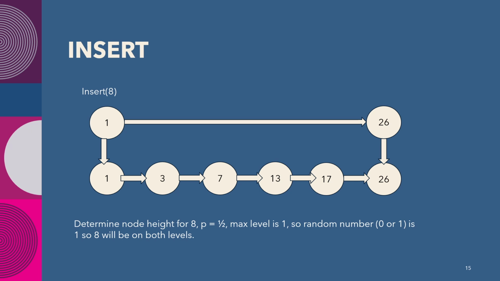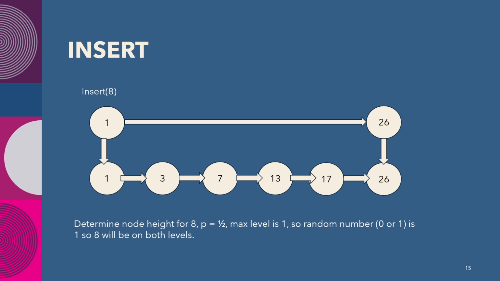And I don't know if I mentioned this earlier, but skip lists often use a max level, which is basically just a hard cap on the height of the overall data structure. So for simplicity's sake, we're going to keep the max level of our example at 1. So if it moves up to level 1, we're just going to immediately stop it there.